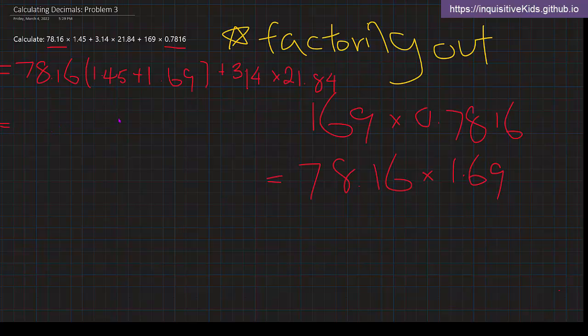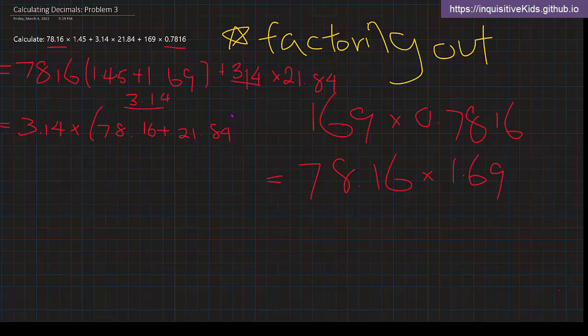In here, we have 1.45 plus 1.69, and this equals 3.14. And now we have 3.14 and 3.14 here. That means we can again use factoring out to factor that 3.14 out. And in here we have 78.16 plus this 21.84.